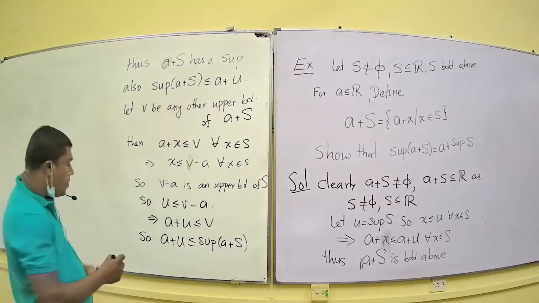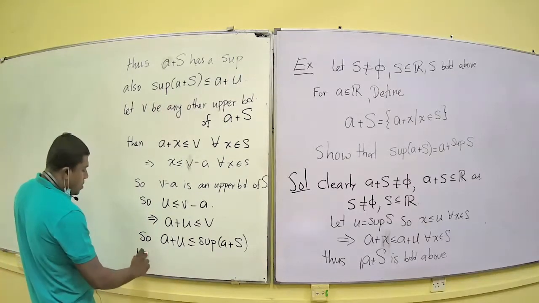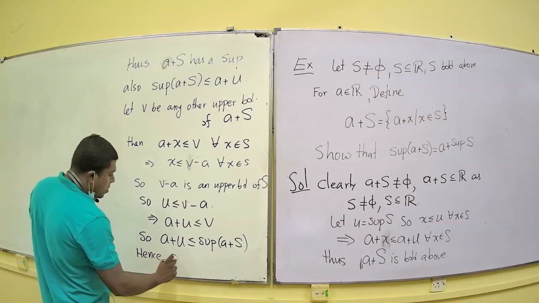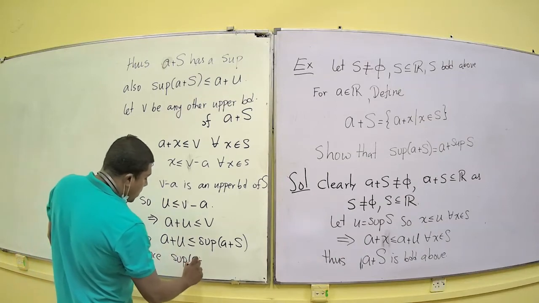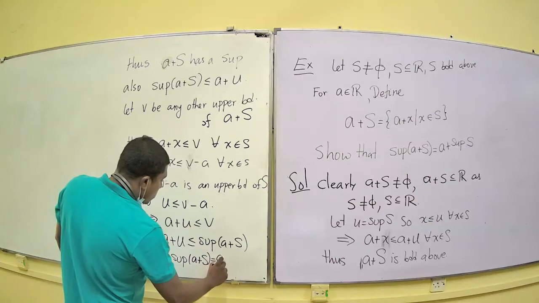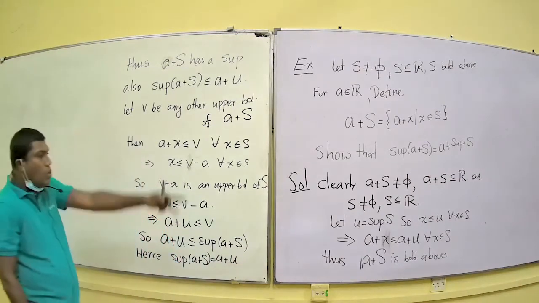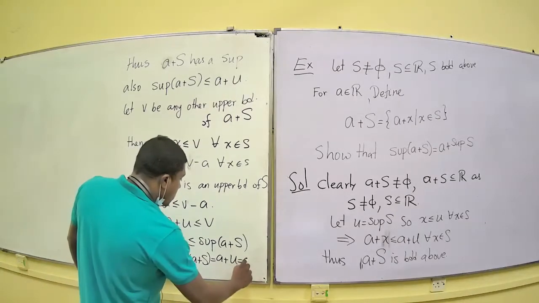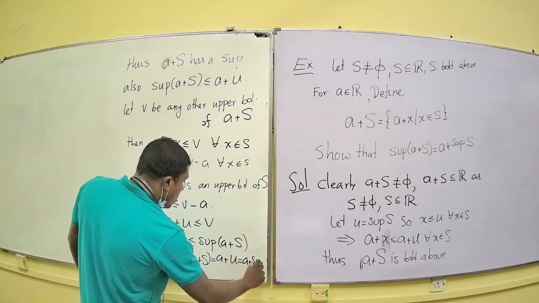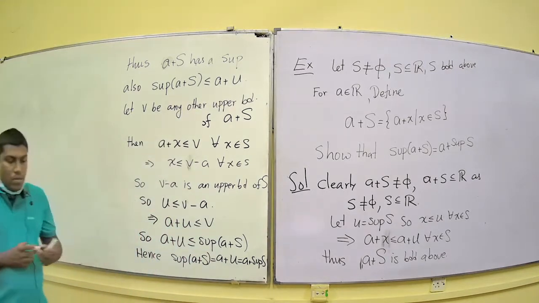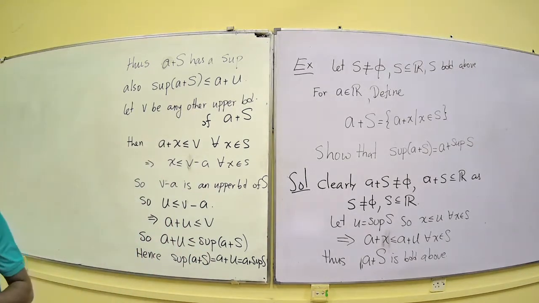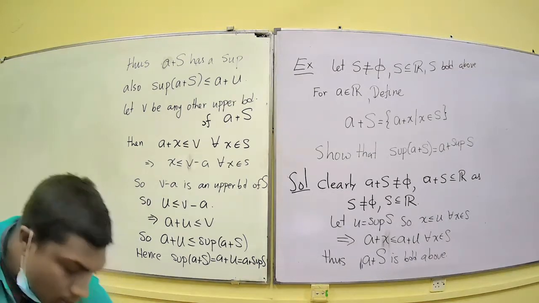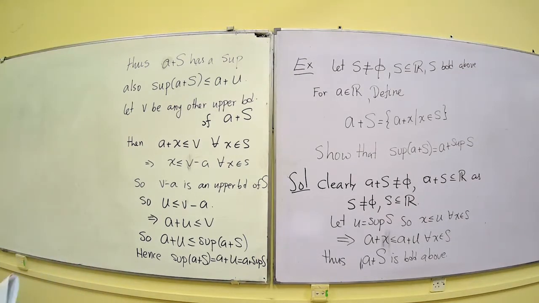Hence the supremum of A plus S is equal to A plus U, but you know U is the supremum of S. So it is A plus the supremum of S. Okay, so this is how we show that the supremum of the set A plus S is actually equal to A plus the supremum of S.